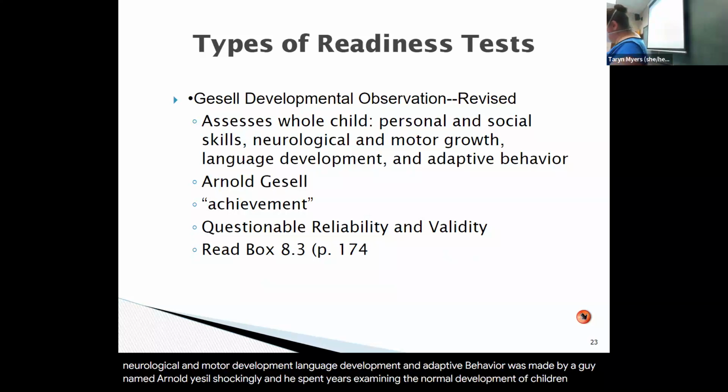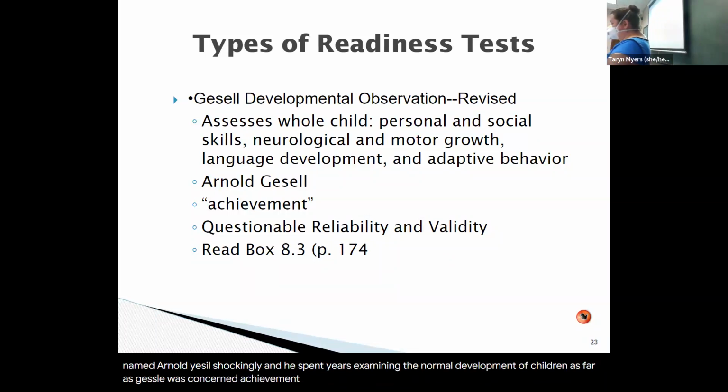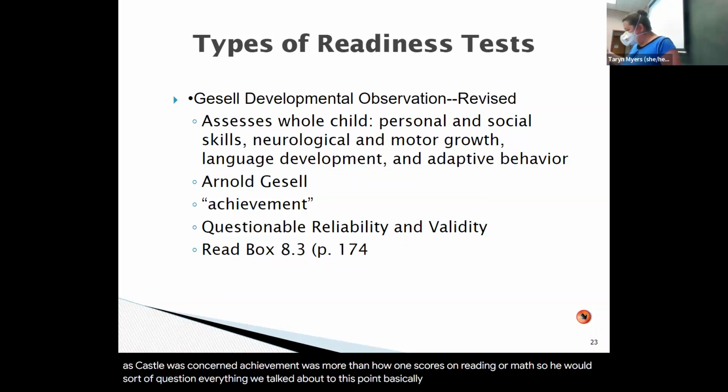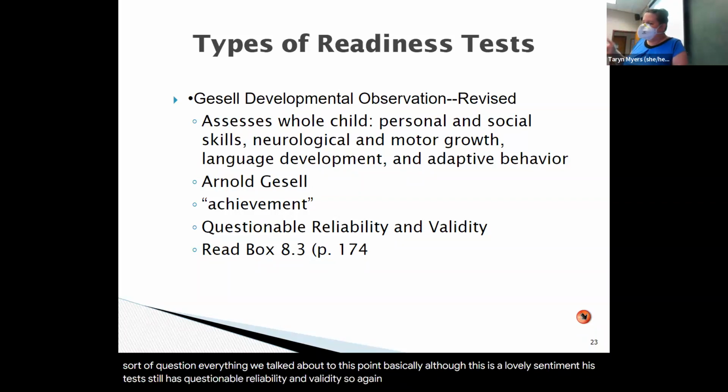And as far as Gesell was concerned, achievement was more than how one scores on reading or math. So he would sort of question everything we've talked about to this point, basically. Although this is a lovely sentiment, his test still has questionable reliability and validity. So again, readiness test just from a psychometric perspective, not great.